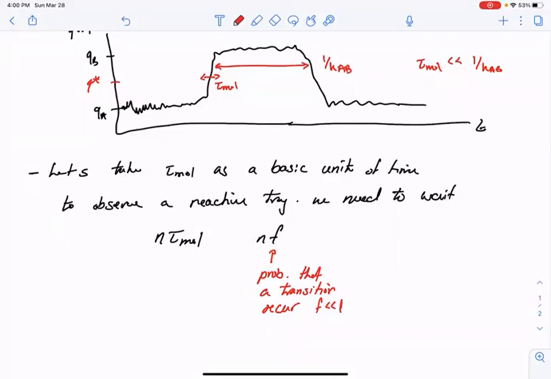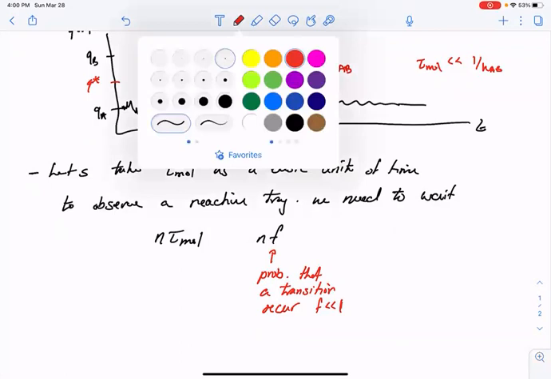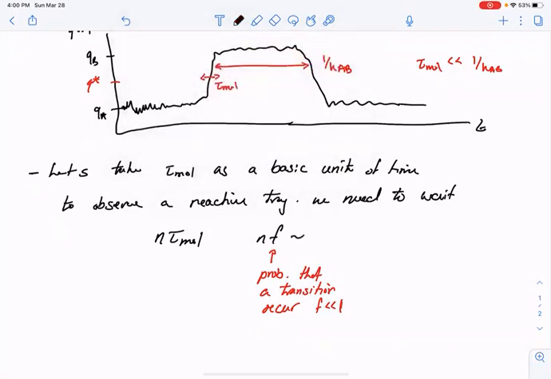Given the probability is small, the number of attempts I need to wait in order to, with high likelihood, see a transition must be such that when I multiply N by F, I need something to be of order 1. I need that number to be of order 1.